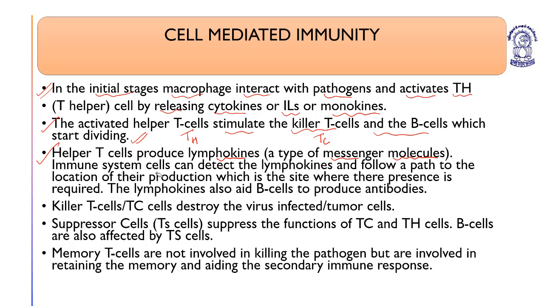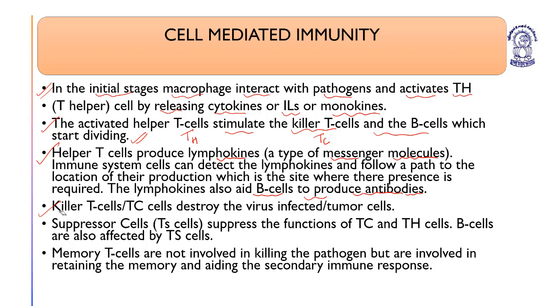Immune system cells identify the lymphokines, follow the lymphokine-secreting path, and reach the location. The lymphokines also aid, meaning also help, B cells to produce antibodies. The lymphokine is a messenger which gives the B cell a green signal to produce antibodies.